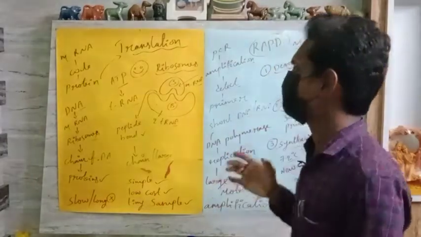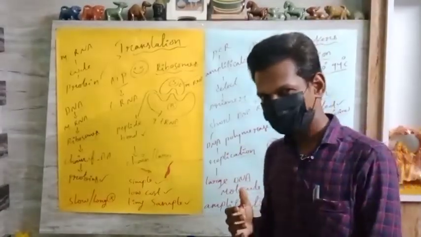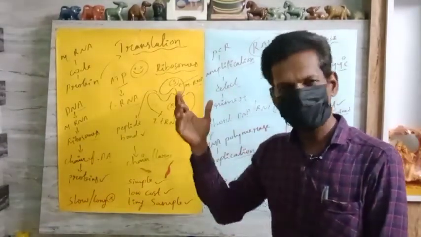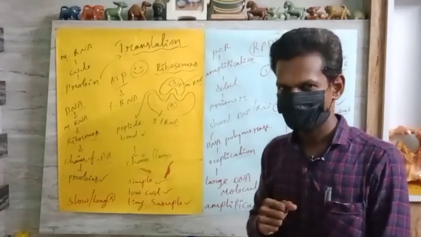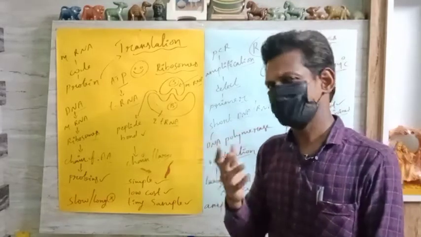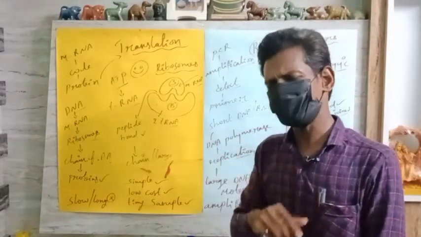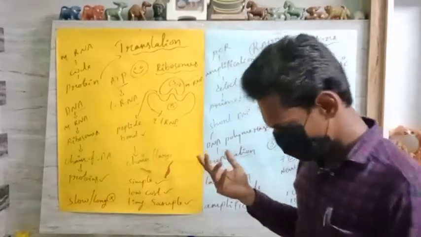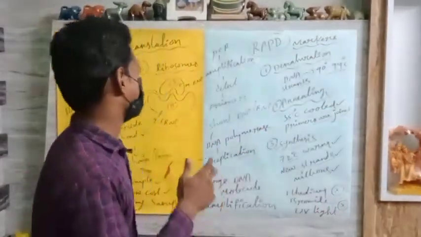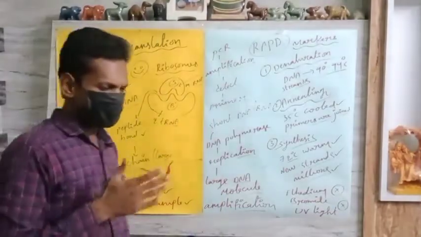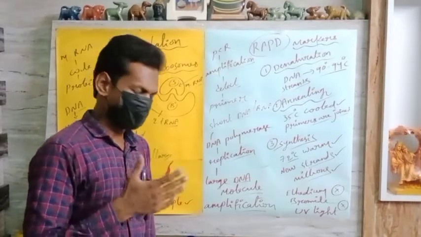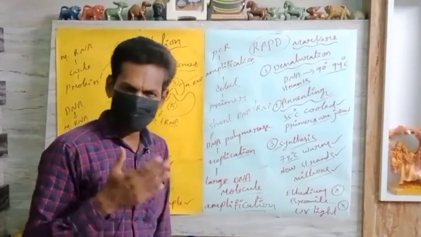Biomolecules are of two types: macrobiomolecules and microbiomolecules. Macrobiomolecules are proteins, carbohydrates, lipids, etc. Microbiomolecules are deoxyribonucleic acid and ribonucleic acid, etc. Studying these nucleic acids in depth comes under molecular biology.